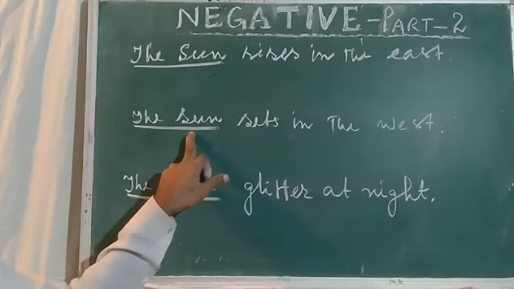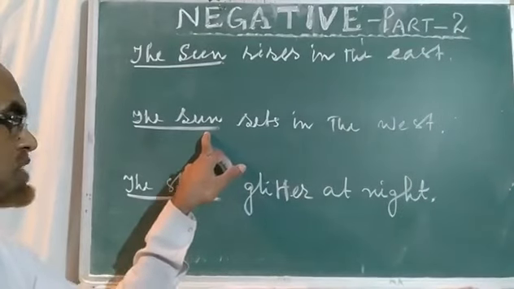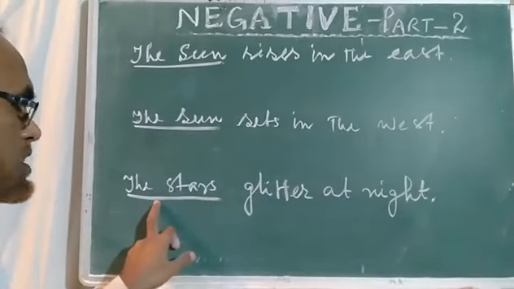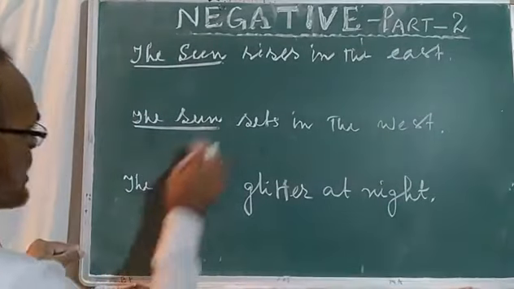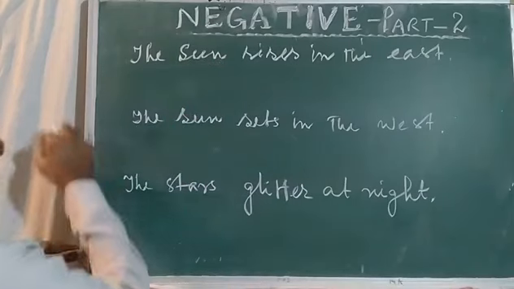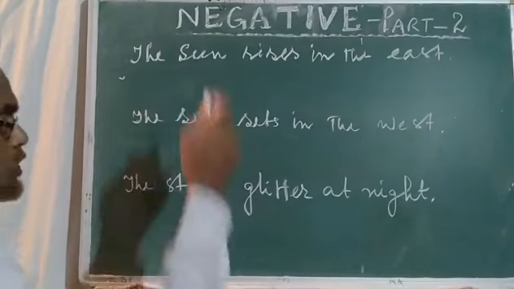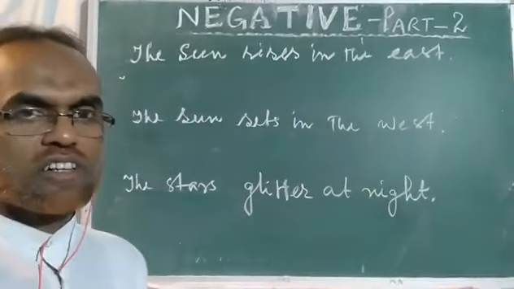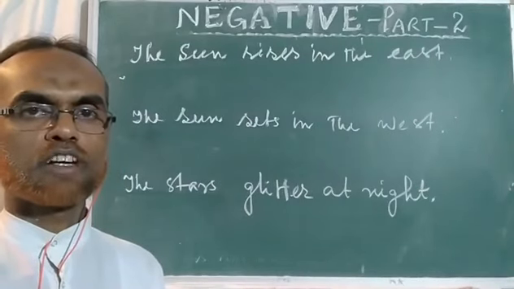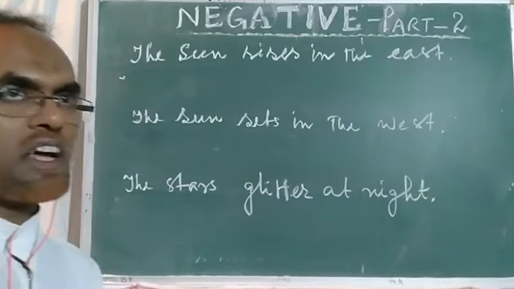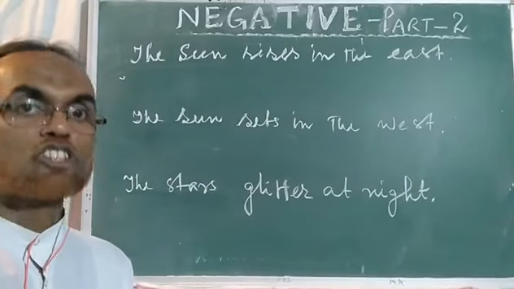In the second sentence also it is the sun, third person singular number subject, and in the last sentence the subject of this sentence is in the third person plural number. We have to notice how can we transfer this sentence into negative. We know the rule of the present tense. How can we transfer a sentence from affirmative to a negative sentence in present indefinite tense? Like that rule, we will just add not but.